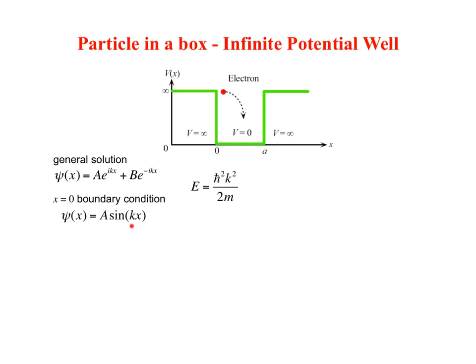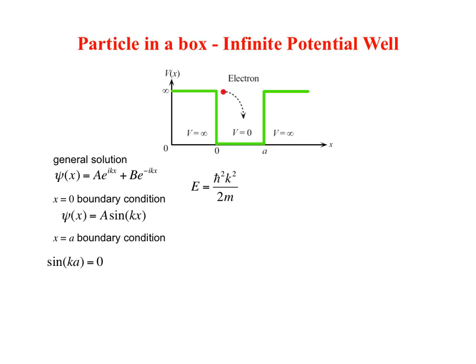That happens naturally if the wave is of the form sine kx, because sine of 0 is 0. However, because cosine of 0 is 1, any form of the solution that is of the form cosine kx must have 0 as the prefactor to eliminate it. Thus, we are left with the form of the wave function of a sine kx.